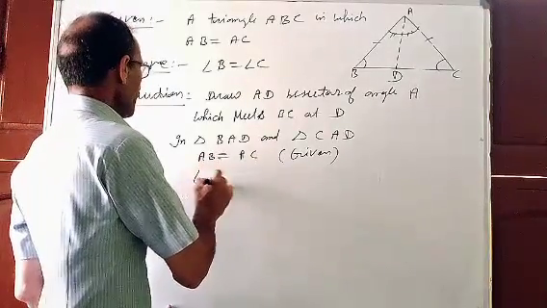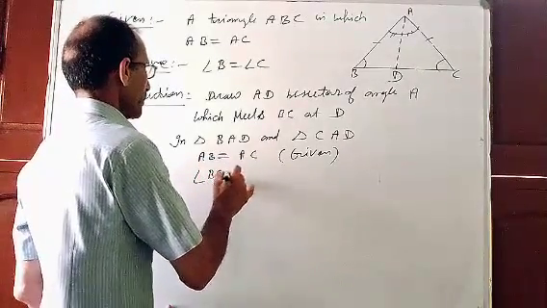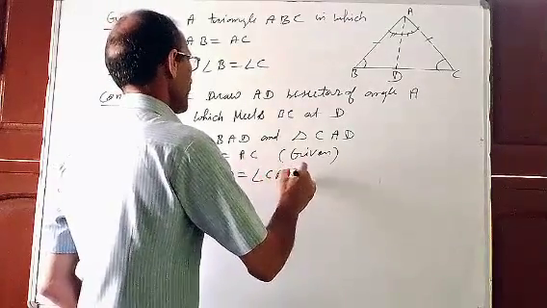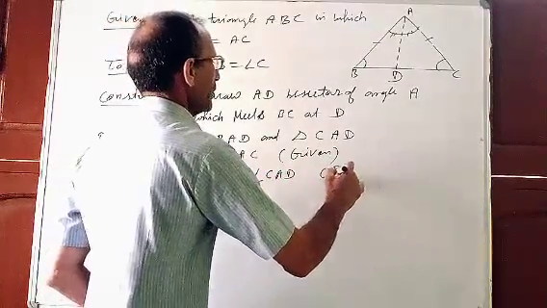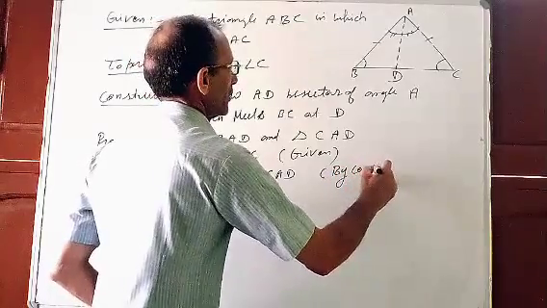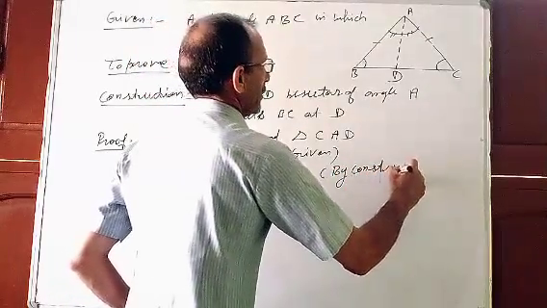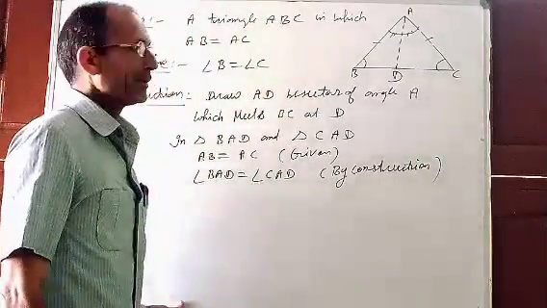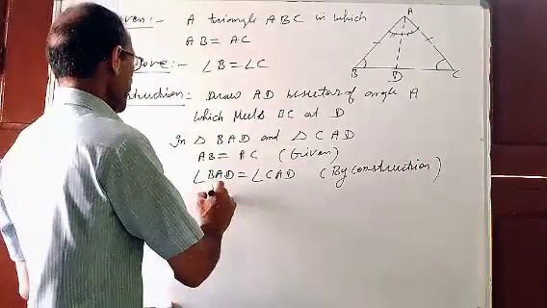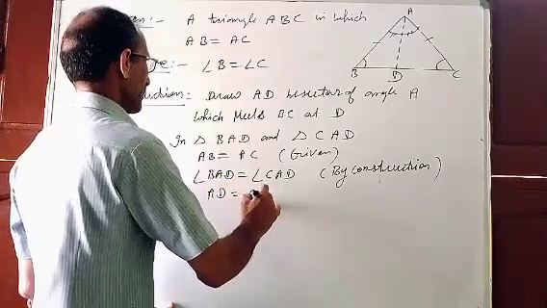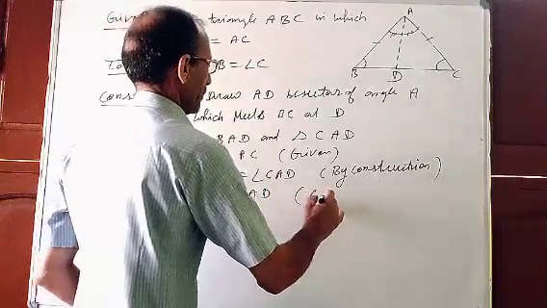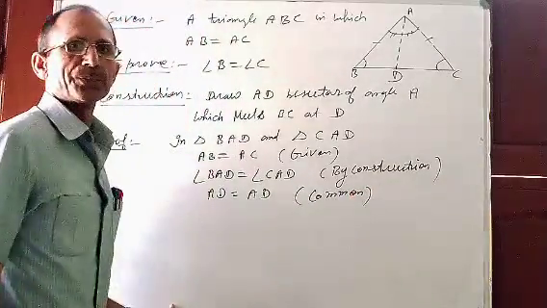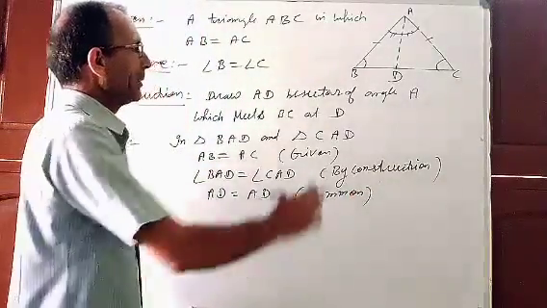Angle BAD is equal to angle CAD by construction. AD is equal to AD, common.